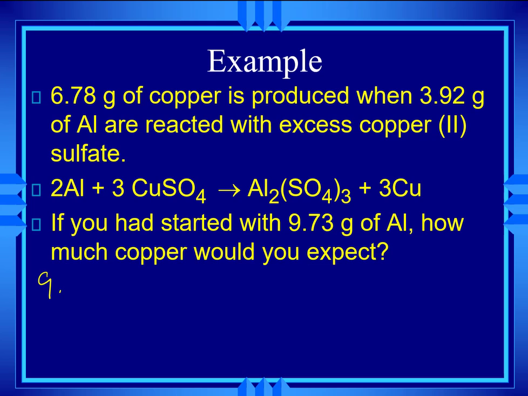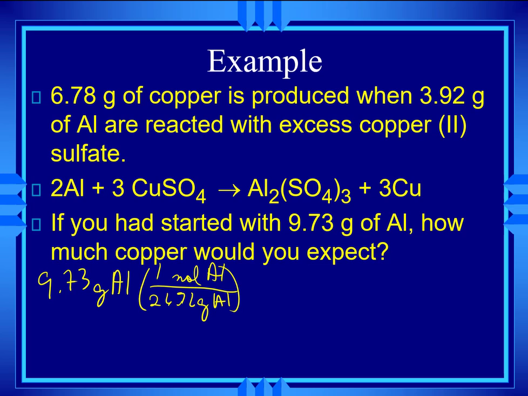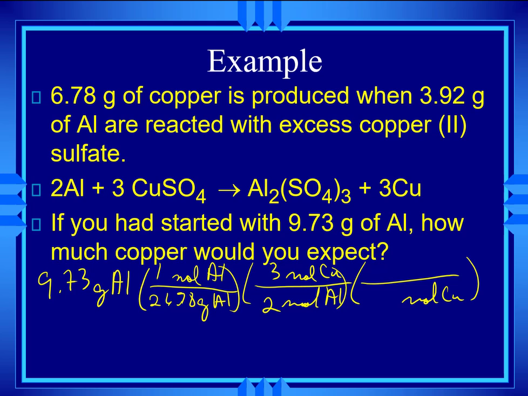So if I had started with 9.73 grams of aluminum, I want to get rid of grams of aluminum, turn to moles of aluminum. 1 mole is 26.98. Oh, this should all be familiar because we just did it a second ago, right? Moles of aluminum to moles of copper. 3 moles of copper for every 2 moles of aluminum. Then moles of copper to grams of copper. 1 mole is 63.55 grams.